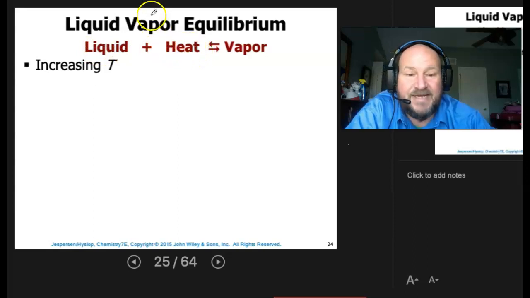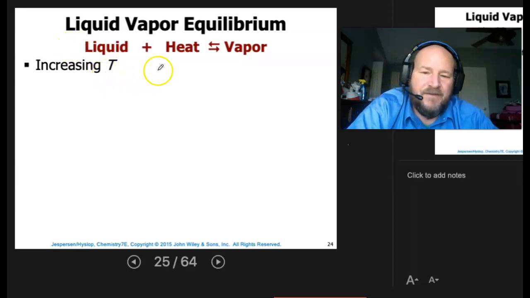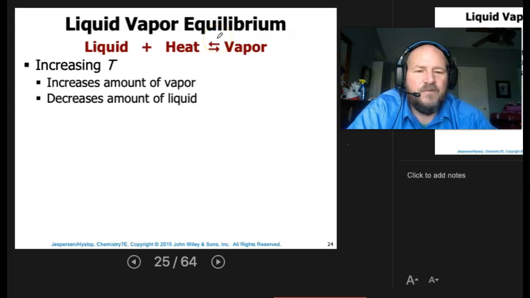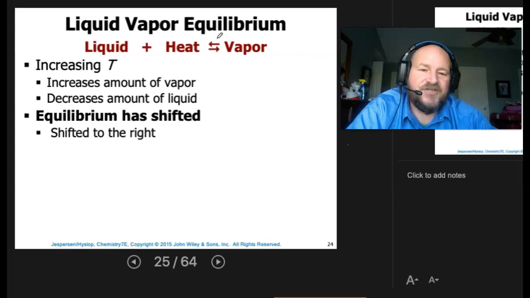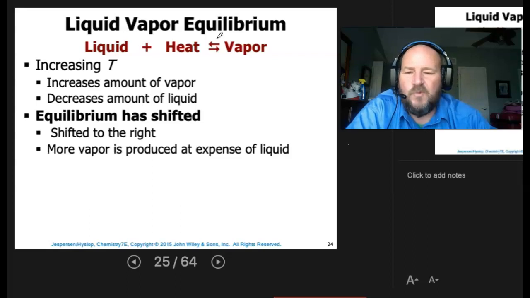If I pull heat out and put cool in, it's going to go back over to liquid. If I put heat in, it's going to push it over to the vapor. So we're going to increase the amount of vapor, which will decrease the amount of liquid. At that point, we say the equilibrium has shifted to the right because it went to the product side. More vapor is now produced at the expense of the liquid.